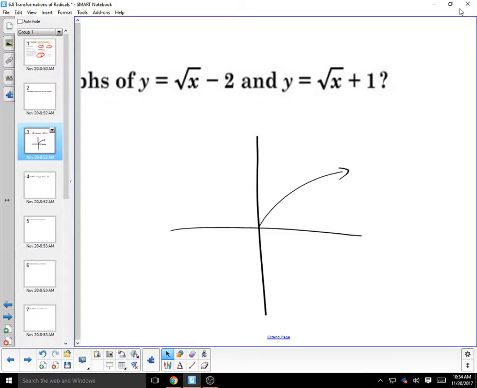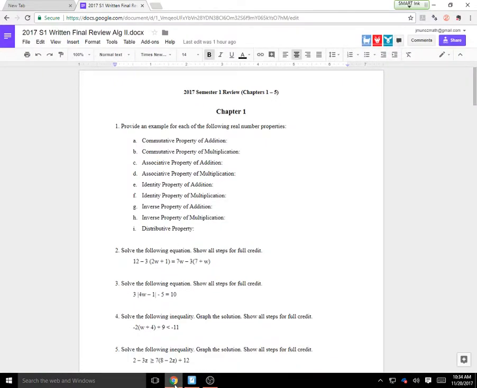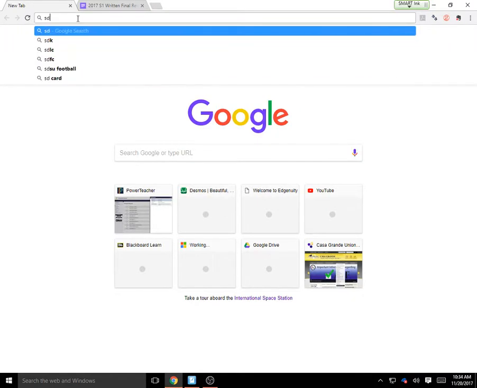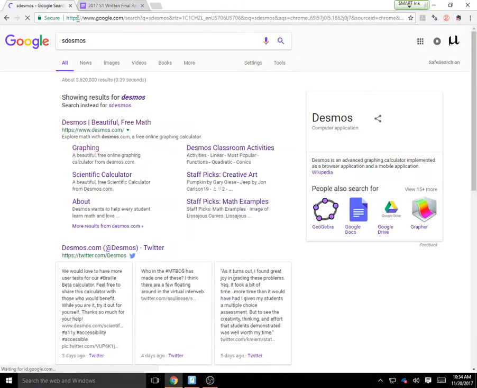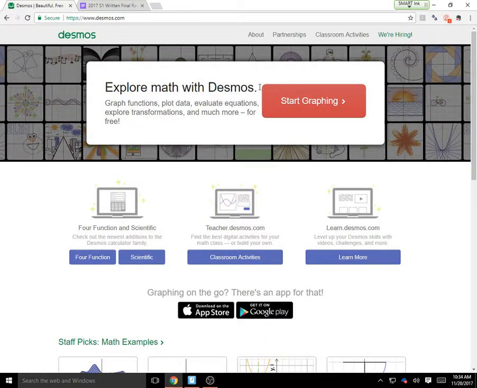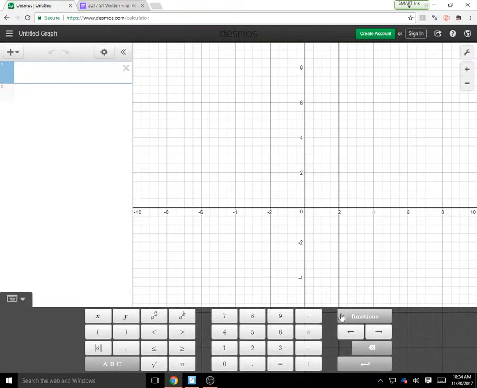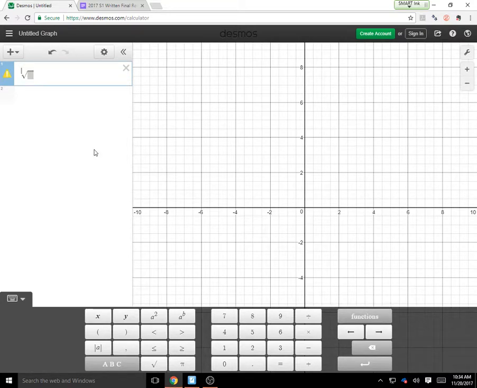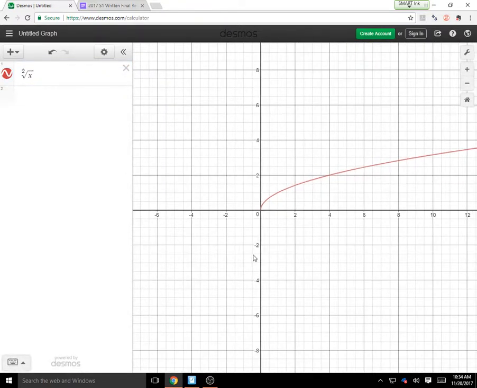Here, let me show you what it does look like exactly. If you want to do a radical, you got to go miscellaneous, square root, and this one actually wants you to put the 2 in there. If you don't, it won't do it for some reason. But there's what the square root of x looks like.